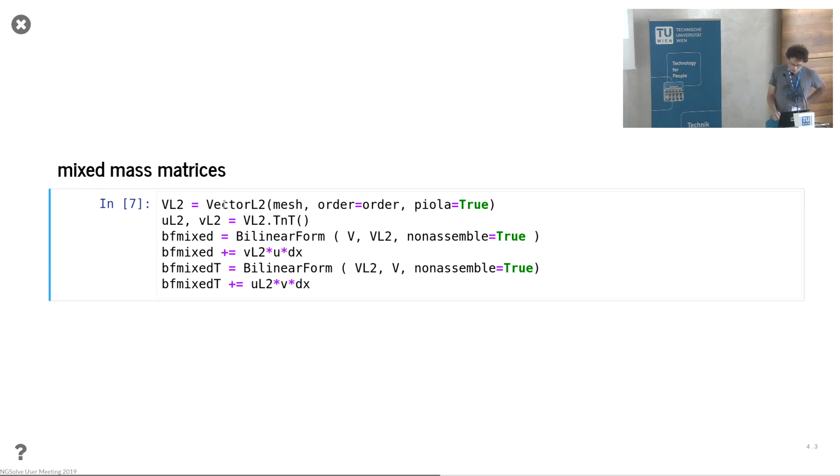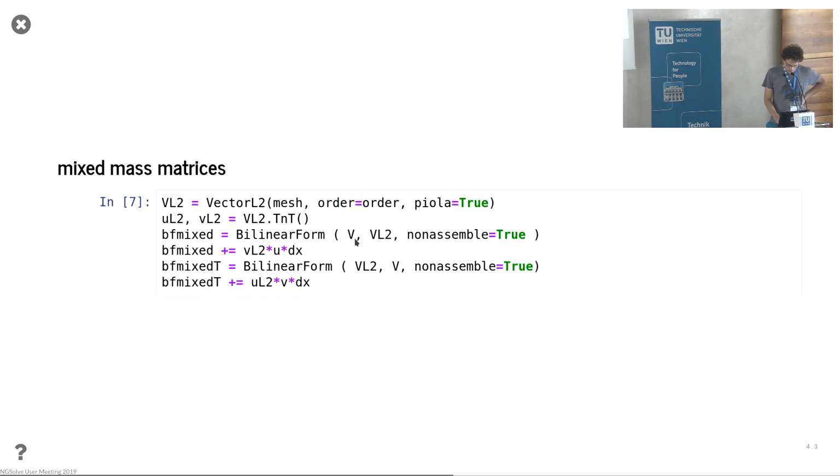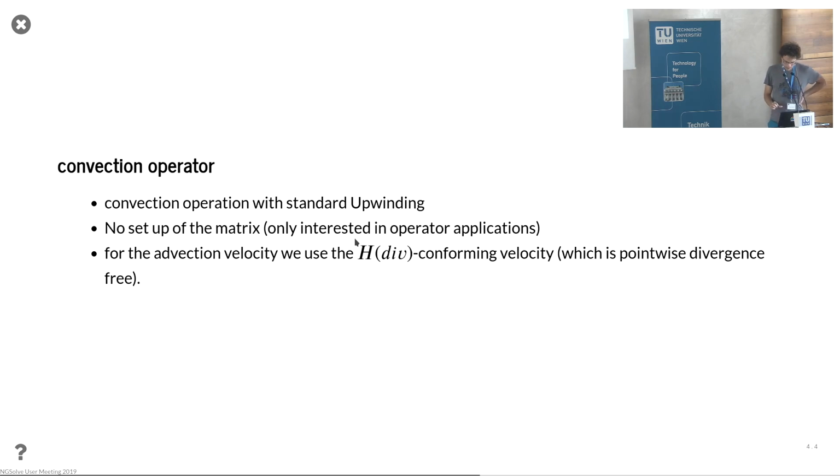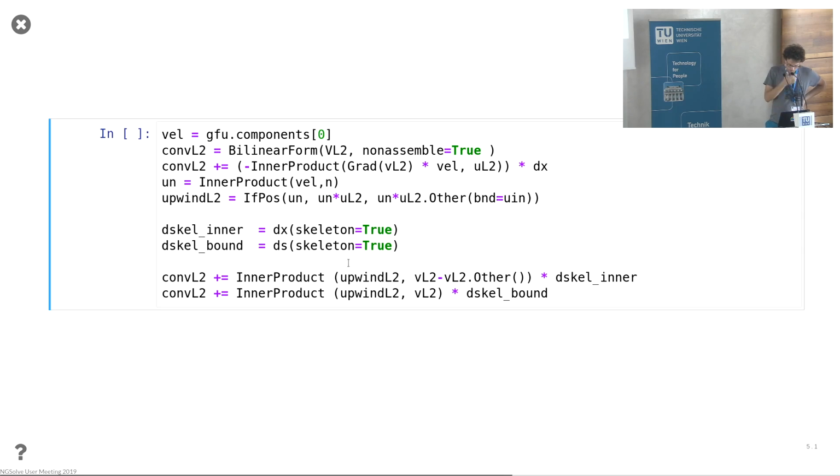And then we have these mixed bilinear forms, which involve functions from the product space of the complicated Stokes discretization and the vector L2 space. Yeah, we apply those two and want to apply the standard convection discretization by upwinding. And we also know that as the velocity field, we have this HDiv conforming velocity already, which is pointwise divergence free because it's a solution of Stokes or unsteady Stokes problems. Okay, this is how it looks.